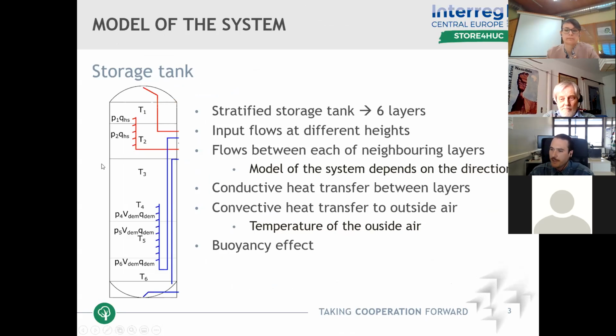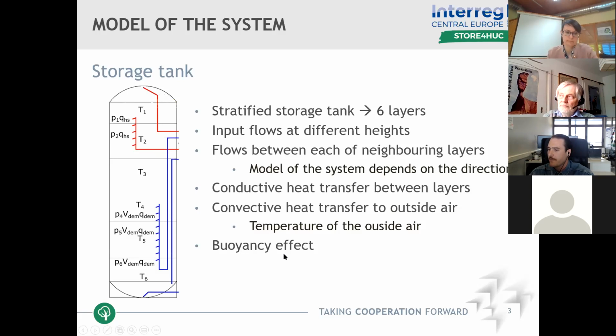So we have a coefficient of this heat transfer, from water to steel to insulation to air, and dependent also on the area of the storage tank. So we have all the dimensions, so we calculated the area for each layer, how much it loses energy.